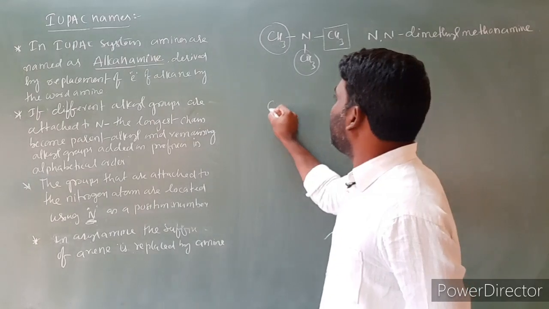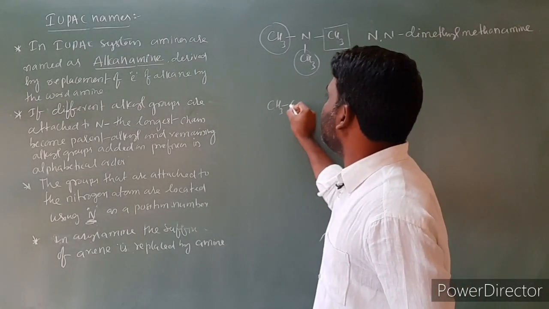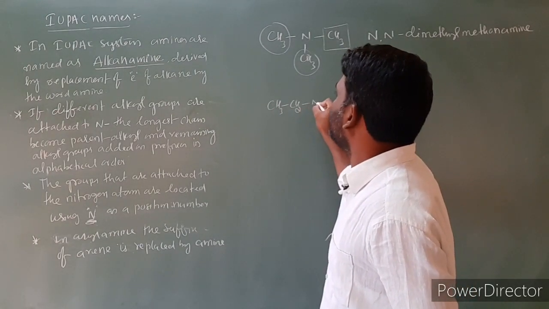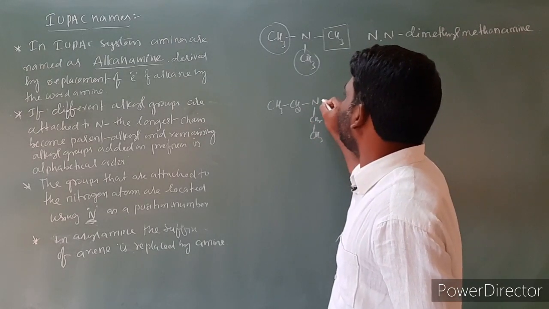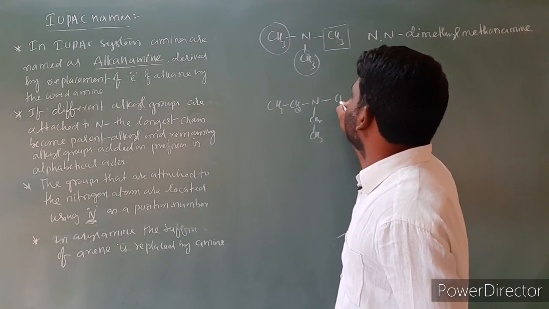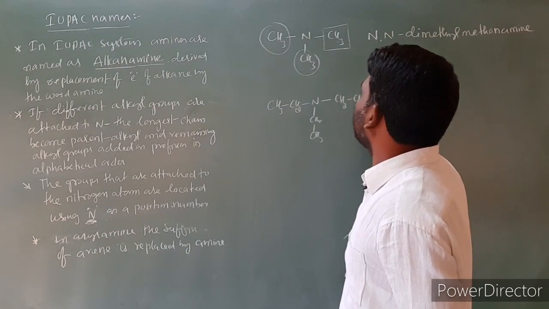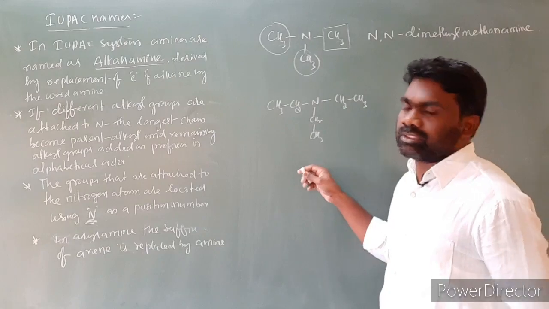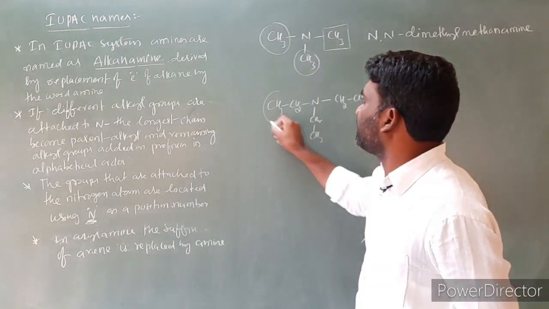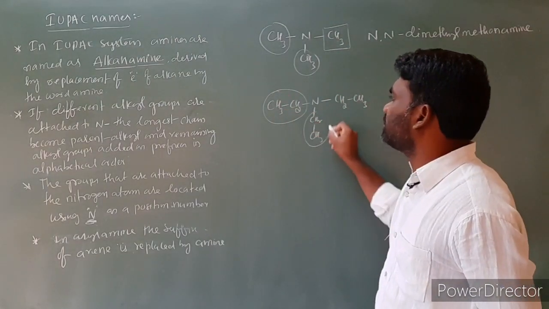Take one more example. I am taking CH3 CH2 N CH2 CH3 with another CH2 CH3. Look at this example. All alkyls attached are the same, a similar example for better understanding. This is ethyl, and this is also ethyl.